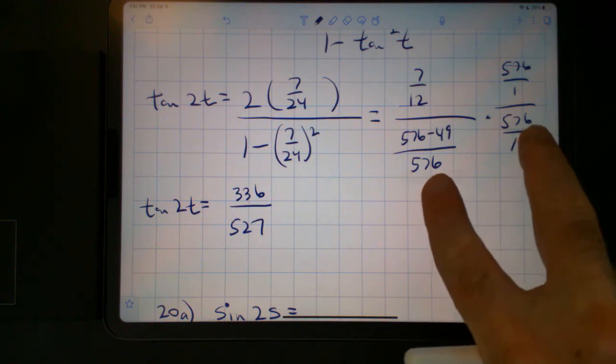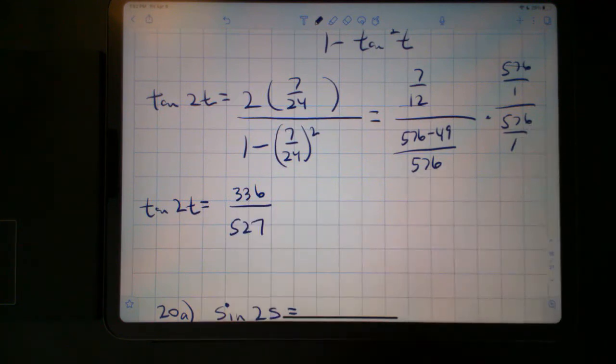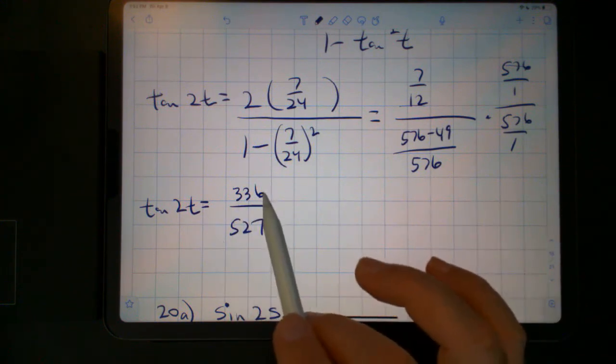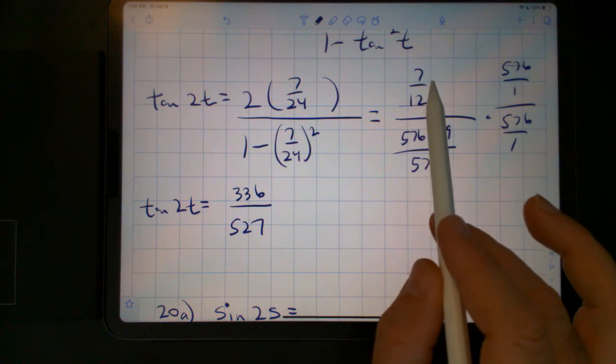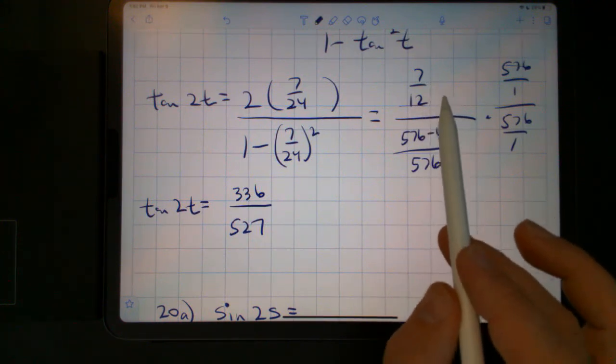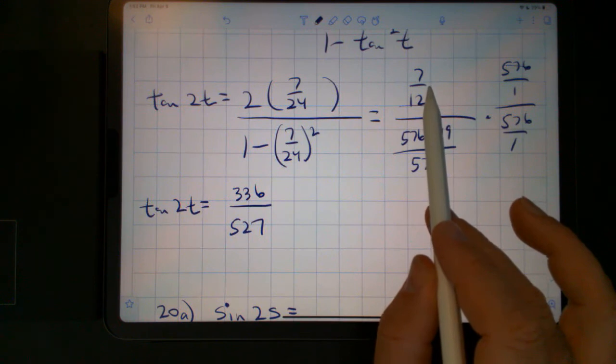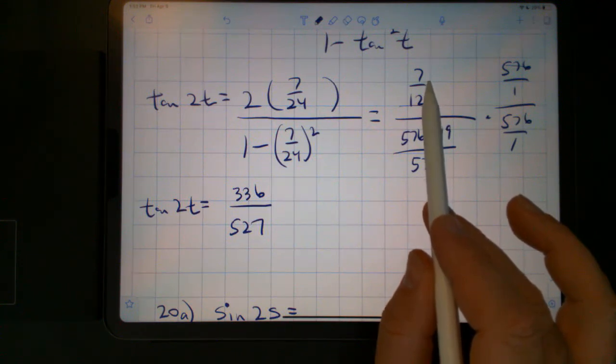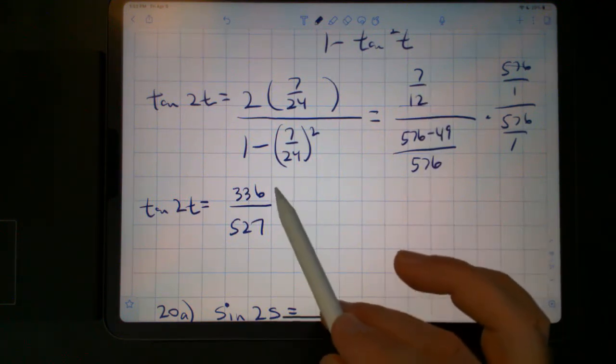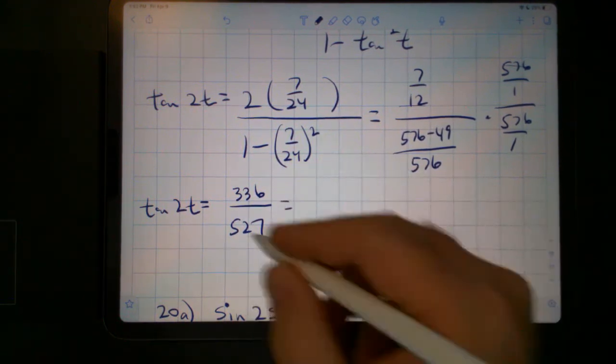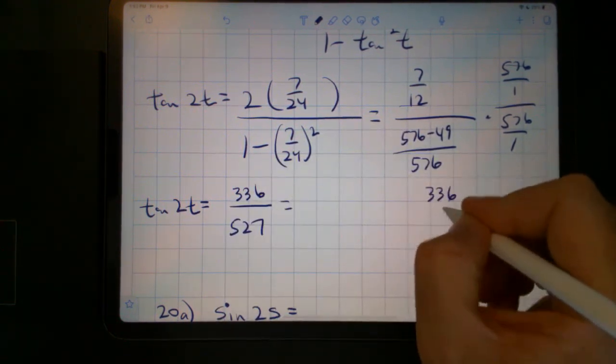In the denominator, the 576 simplify each other out, leaving 527. 336 is 7 times 48. 48 is 3 times 16. And so a 3, a 2, and a 7 would need to factor out of your numerator and your denominator. This cannot be simplified, but let me show you what this is giving.